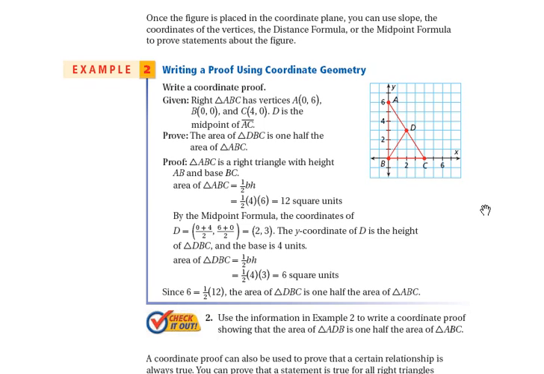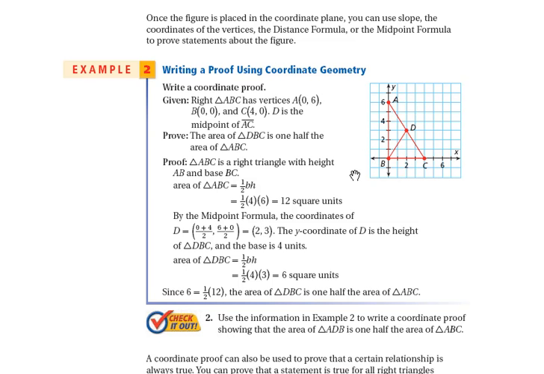And looking at this example here, what we're trying to do is, if you notice, we have a big triangle here, ABC, and then we're going to look at another triangle right here, triangle DBC. And the problem here is that we're trying to prove that this area right here of the little triangle is half of the big triangle ABC.